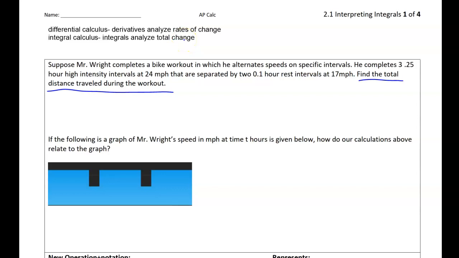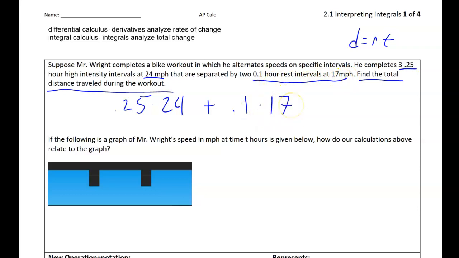It's also very easy math that you already know how to do, especially if you've taken physics, but I think everybody's seen this before. It uses that distance equals rate times time formula you probably learned in middle school science or something. So to do this math, we're going to do 0.25 hours times 24 miles per hour, plus 0.1 times 17 miles per hour.